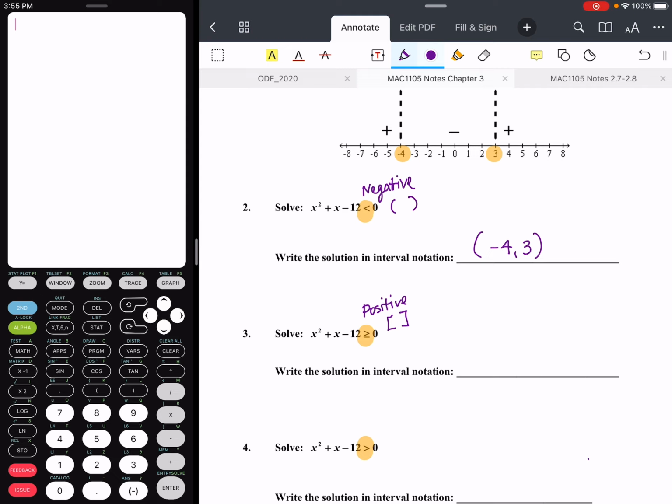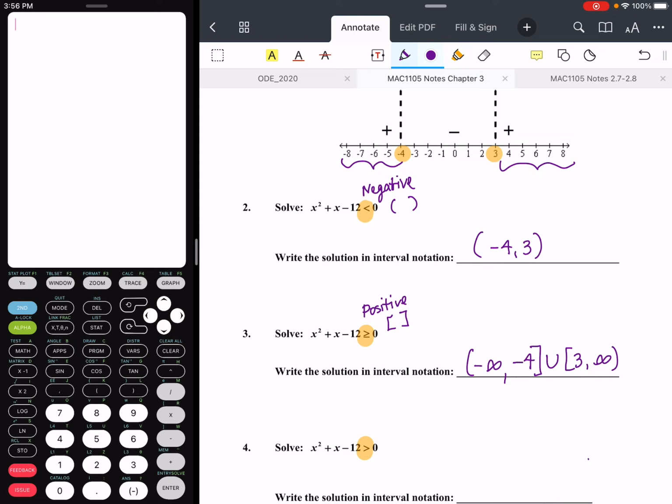Okay, so now I'm using the positive intervals, so that would be from -infinity up to -4, square bracket, and from +3, square bracket, up to +infinity. Connect with a union symbol. Remember that at negative and positive infinity, I always use rounded parentheses no matter what, and then square brackets at those boundary values, -4 and 3.